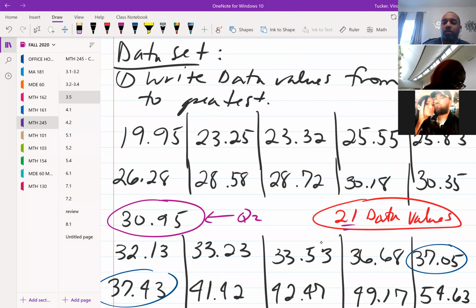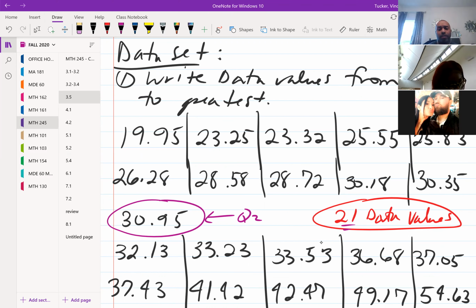All right. So this is my data set. They didn't give it to you like this, just like before. I wrote the data set in such a way that it would be easy as far as breaking it up.